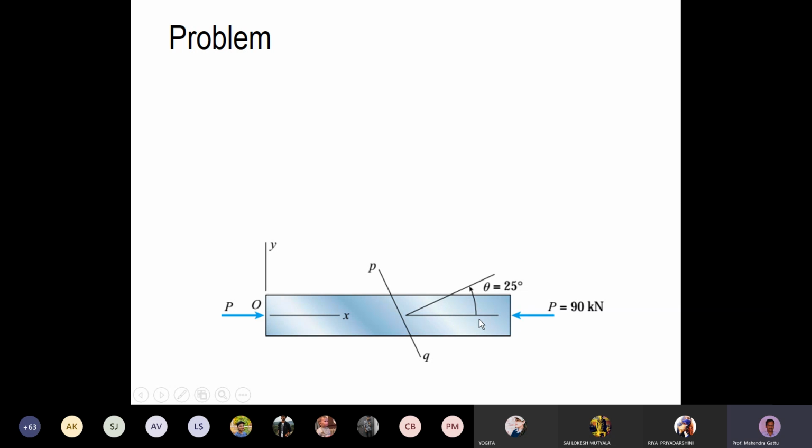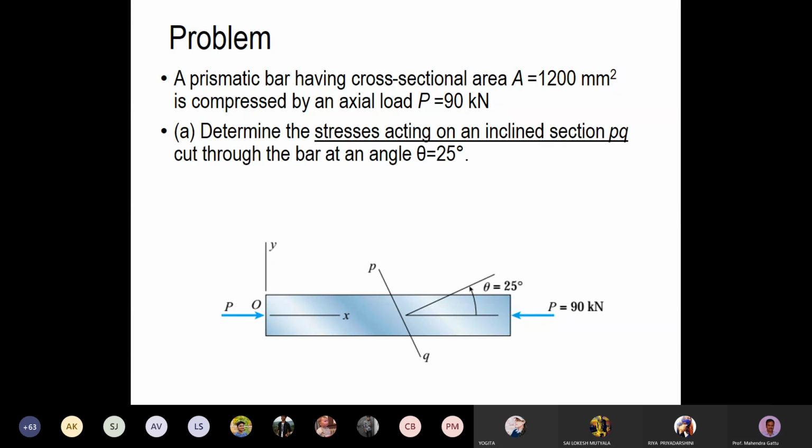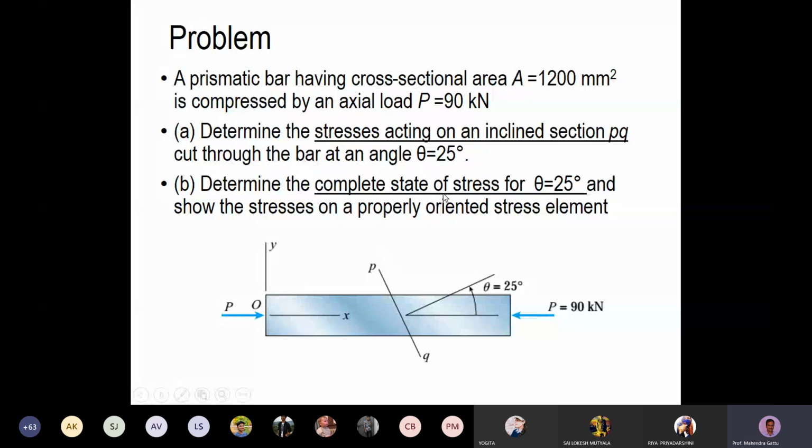So what you are asked is, the area of cross section is given as 1200, and the compressive axial load is given as 90 kilonewton. You are asked to find the stresses acting on this inclined section PQ, and you are also asked to find the complete state of stress for theta equal to 25 degree and show the stresses on a properly oriented stress element.